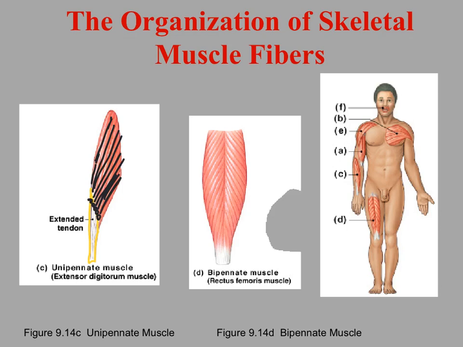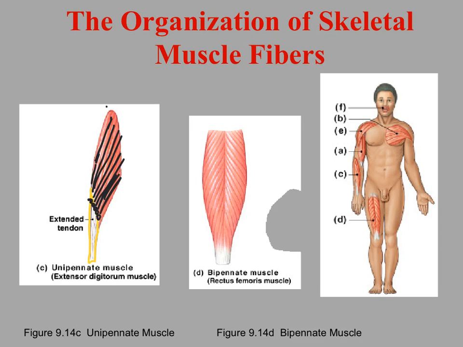Not necessarily the strongest, but the greatest tension for the muscle size, because each one of those muscle fibers pulls on the tendon, and so the tension created by each muscle fiber is cumulative. This is totally made up, but I'm just putting it in numbers for you.